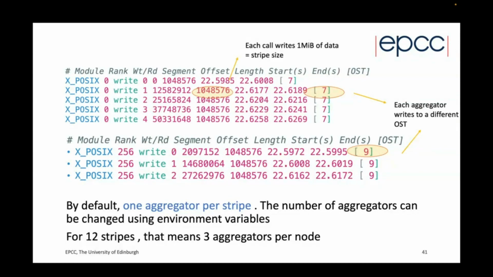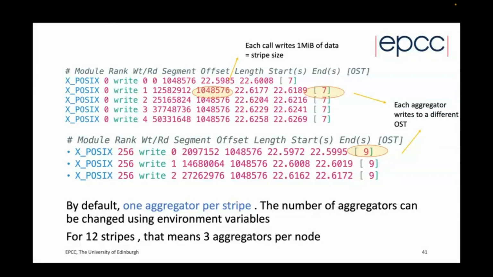Different ranks, for instance rank 0 and rank 256, have the same pattern, but they're writing to different OSTs. The file is striped, so we do expect writes to be done to different OSTs. So what's actually happening is that each aggregator picks one stripe and writes to that stripe in chunks of one stripe size, so 1 megabyte. And we have 12 stripes on ARCHER2.